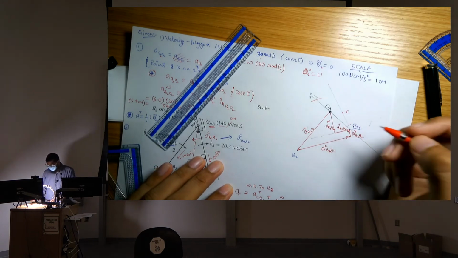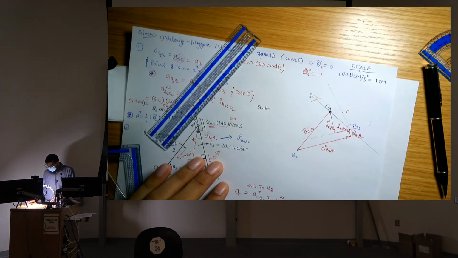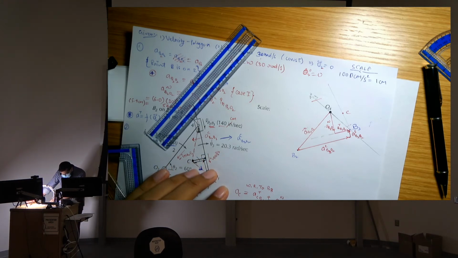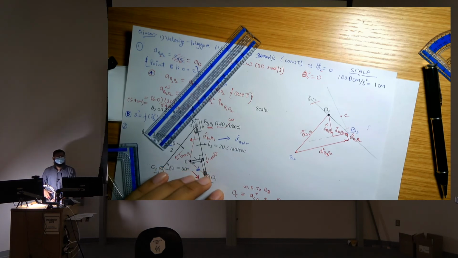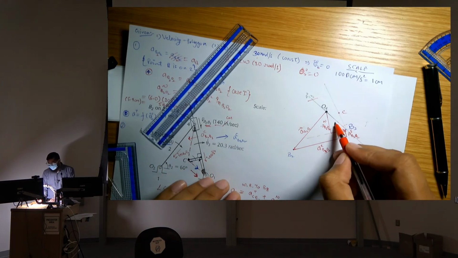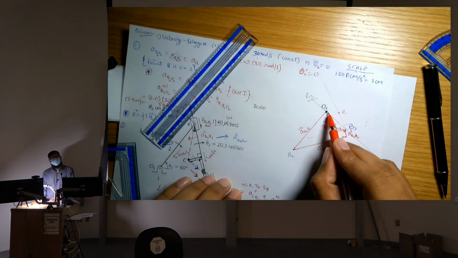Why is A_CO3 not on C? Why didn't you put it on that line? Because it's the normal component of C, that's why it's not pointing towards C. This is not the absolute component, so the endpoint is not C.